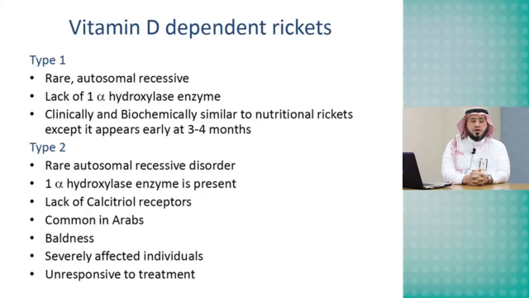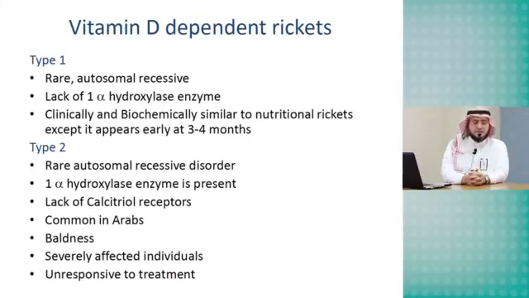This type is common in Arabs; Yemeni and Saudi Arabian populations are the most affected. Very important, some of these children don't have hair. They have alopecia, baldness, and usually it is alopecia totalis. So in addition to the clinical manifestations of rickets, there is alopecia totalis.